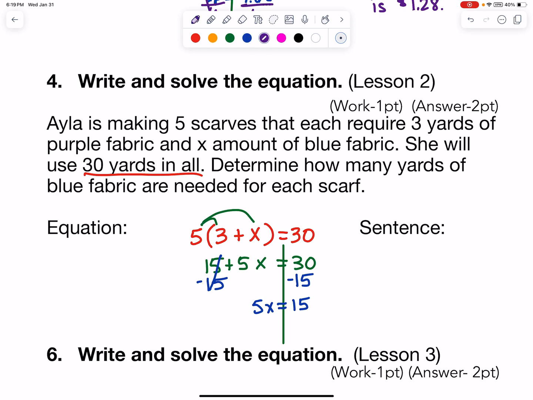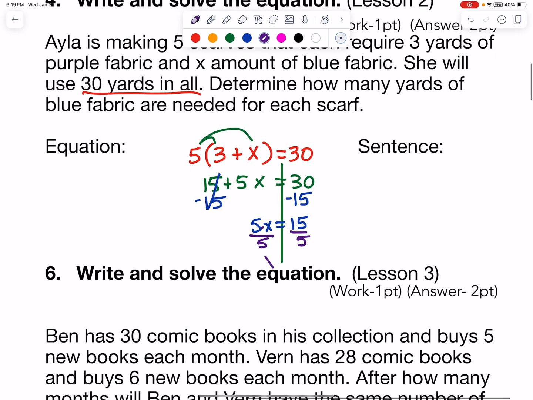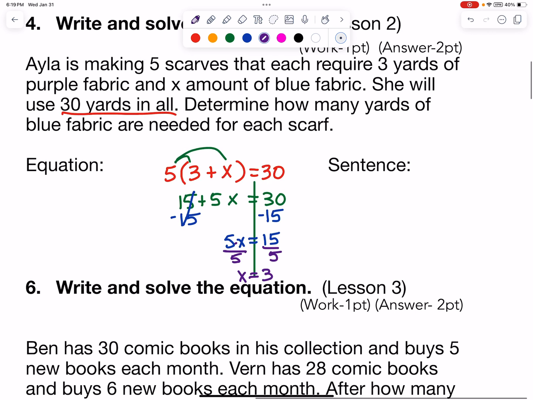And then we have an x times 5, so we'll divide both sides by 5. And we are left with x equals 3. Okay, we need to answer the question. How many yards of blue fabric are needed? 3 yards of blue fabric is needed.